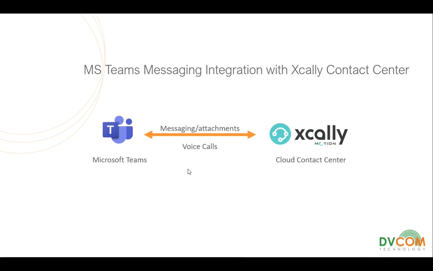With Microsoft Teams, you can develop custom apps, and in these custom apps you can integrate the APIs of Xcali, so they will be able to reach you using Microsoft Teams. From the Teams App Store, they can download the apps and then communicate.